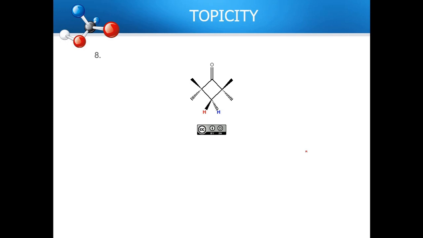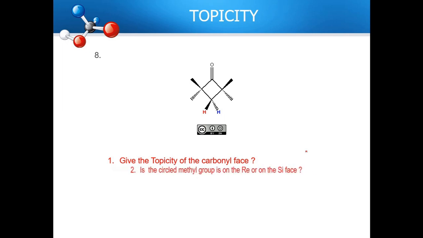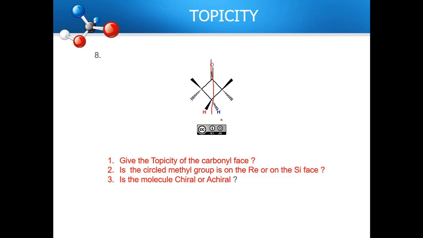Now let us take this particular molecule. Give the topicity of the carbonyl face. Is the circled methyl group on the re or on the si face? Is the molecule chiral or achiral? So topicity, when we say topicity, the molecule has a C2 axis, therefore it is homotopic.